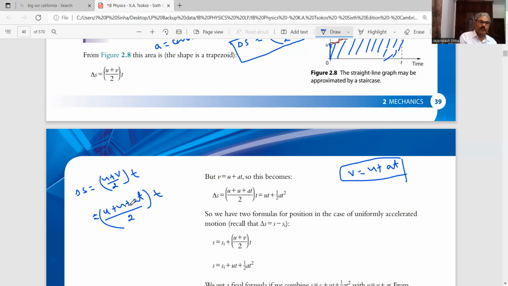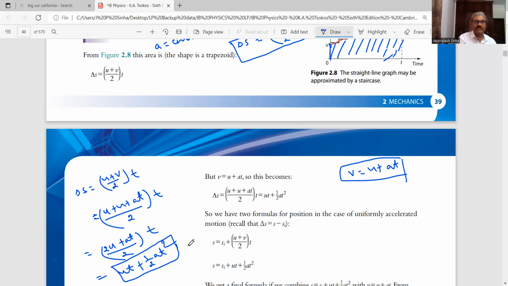Correct? So u plus u will become 2u plus at by 2 into t. Now write it separately. 2u upon 2, the 2 will be cancelled, and then multiplied with t it becomes ut. Plus at into t is at square, and at square by 2 means half at square. This is also an equation of motion.